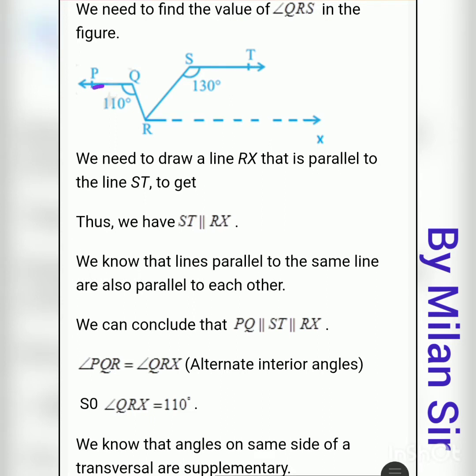First of all, these two lines are parallel, which is given to you. We draw one line parallel to ST, so all these three lines are parallel. Now we can use the concept of parallel lines.